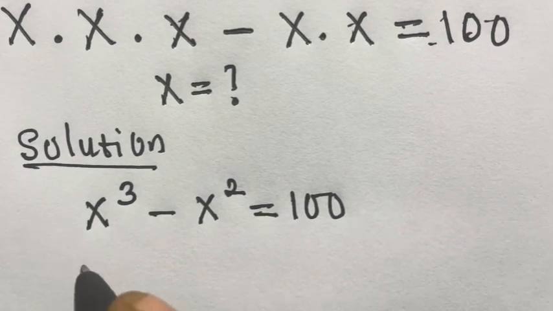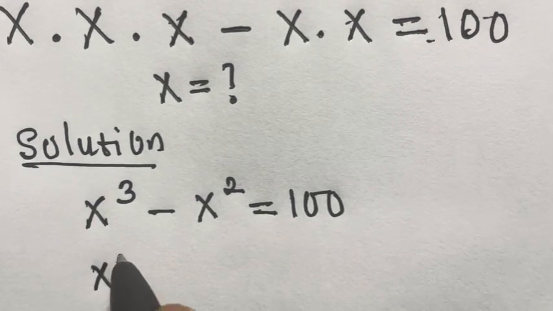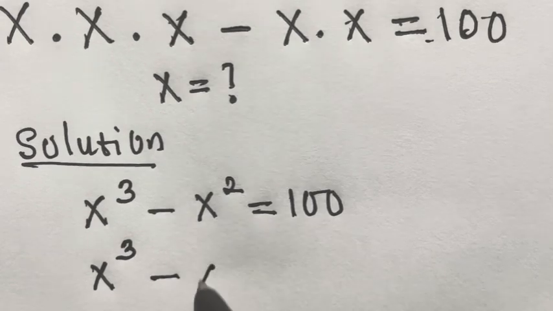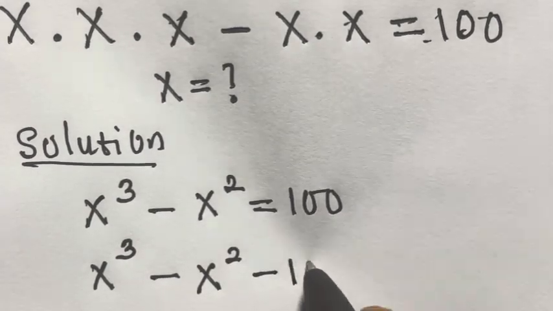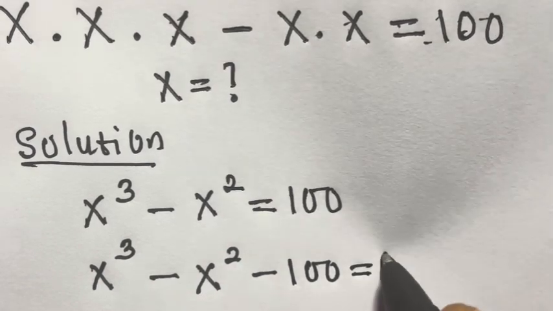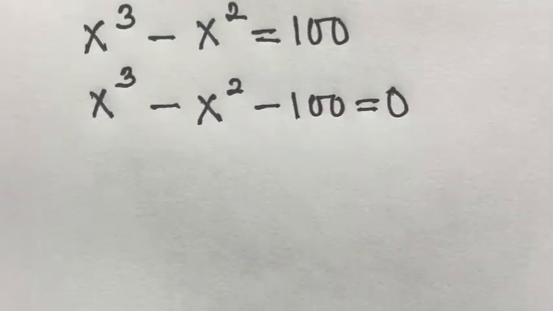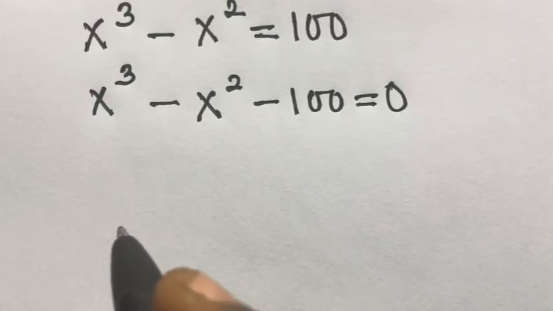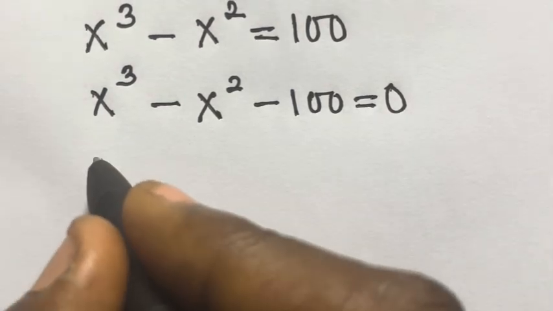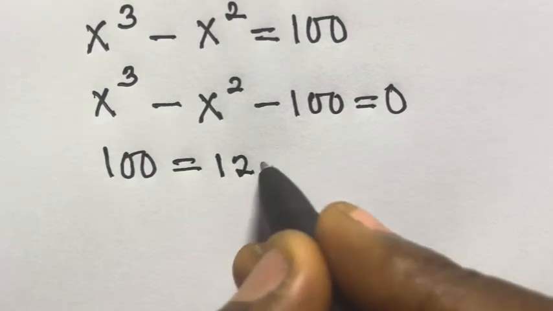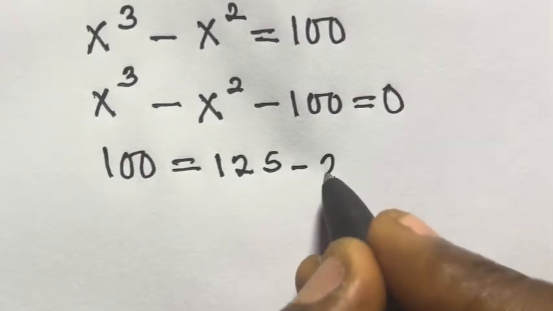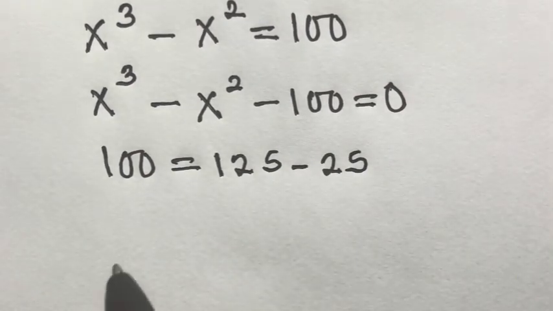So we will have x cubed minus x squared. If we transfer this one here, we have minus 100 equals 0. We can have 100 equal to 125 minus 25, like this.